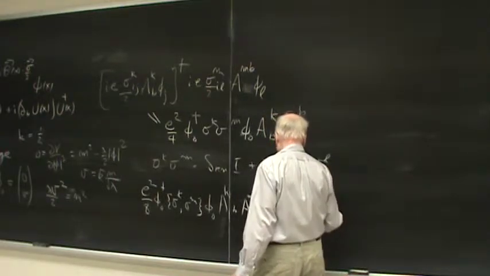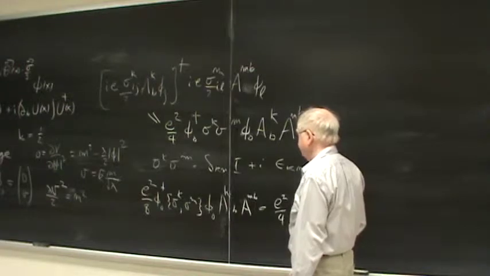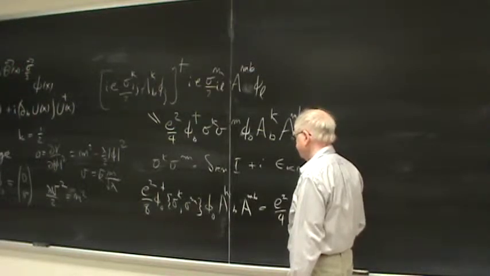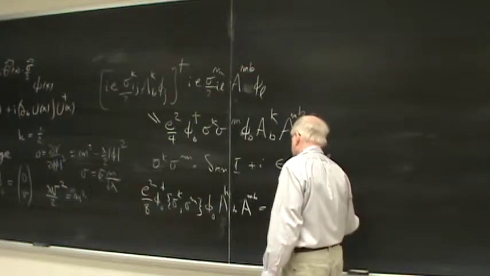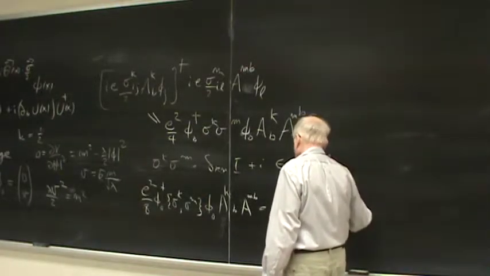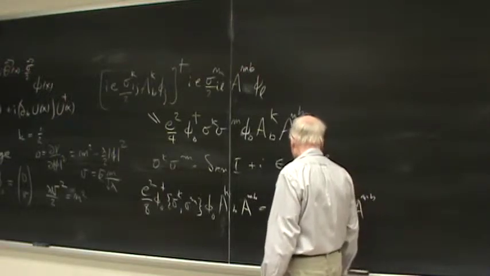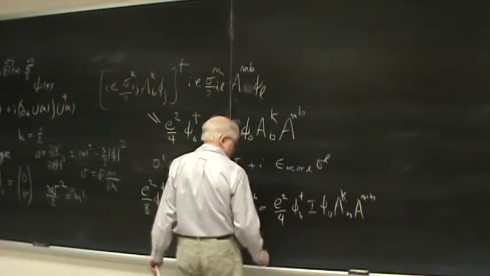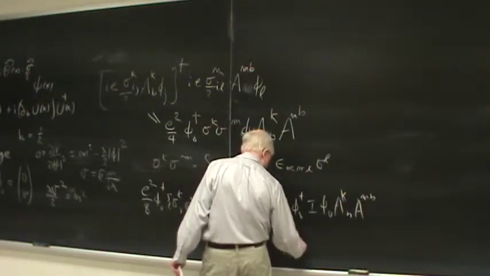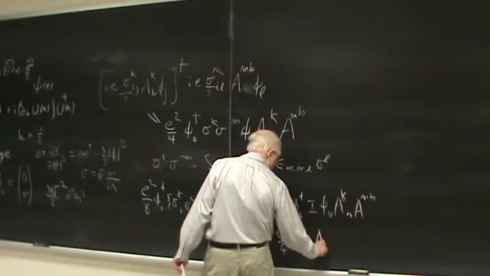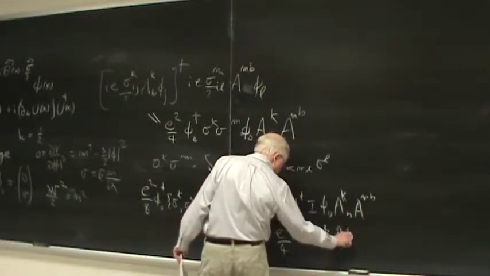phi 0 dagger, just the 2 by 2 identity, and then phi 0, A k b, A m b. And so that is e squared over 4 v squared A k b A m b.